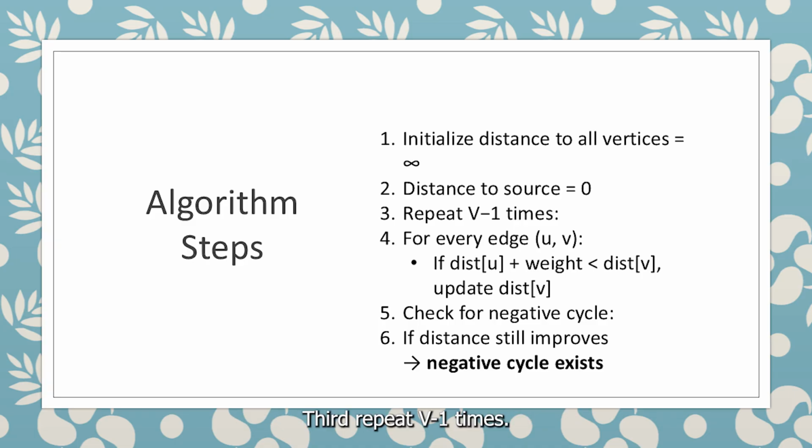Third, repeat V minus 1 times: for each edge (u, v), check if going through u gives a shorter path to v. If yes, update the distance of v. Fourth, after that, check all edges once more. If any distance still improves, it means there is a negative cycle. This is the complete Bellman-Ford procedure.